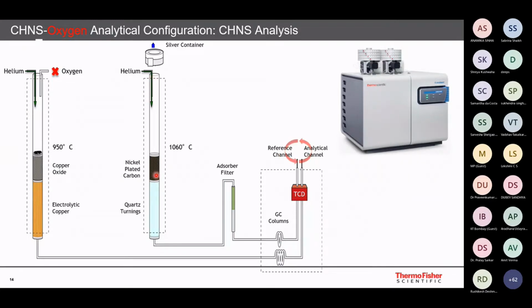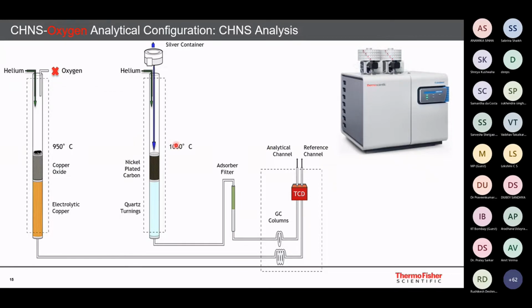But when you do the oxygen analysis, the oxygen line becomes the analytical channel, and the CHNS line becomes the reference channel. So the user has to manually switch the connections as well as the autosamplers. Here you can see the analytical channel: oxygen goes to the analytical channel, and the CHNS channel goes to the reference channel.